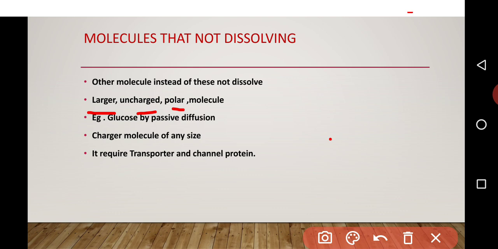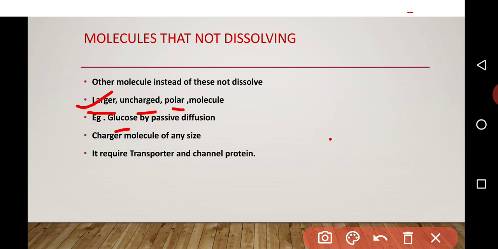Though they are uncharged and polar, they have a larger size, so they cannot diffuse through the plasma membrane by passive diffusion. An example is glucose. Glucose cannot diffuse through the plasma membrane.